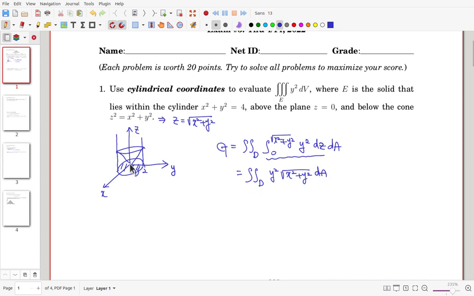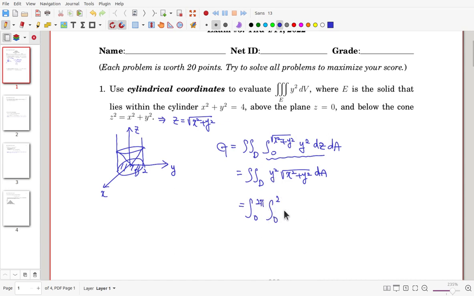Now we focus on this bottom D, which is a polar region. The angle is from 0 to 2 pi, the whole cycle, and r is from 0 to 2.